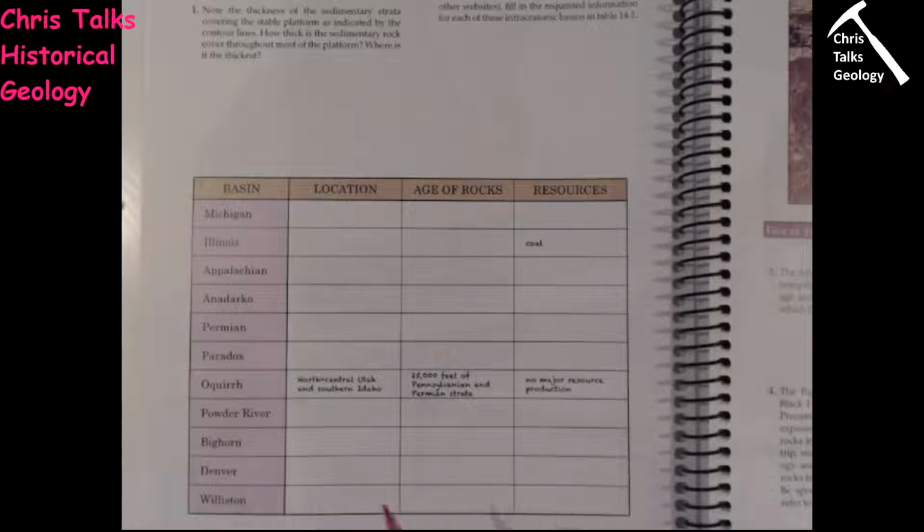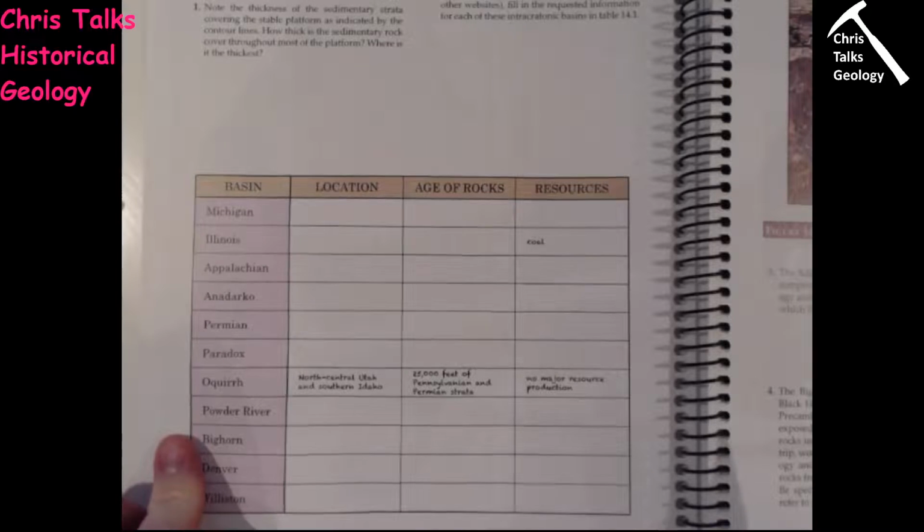Now, some of the other basins, like the Powder River Basin, that one's not such a major basin. So the information on sources like Wikipedia will be a little bit more sparse. So in this case, you may have to go to Google to find specialist websites that discuss the Powder River Basin. Okay. So obviously you're going to tell me the location first of all.